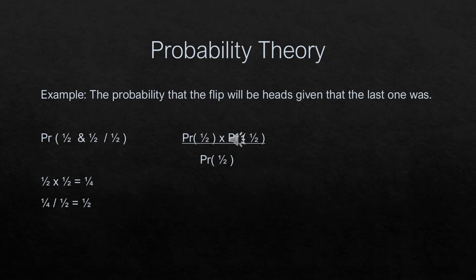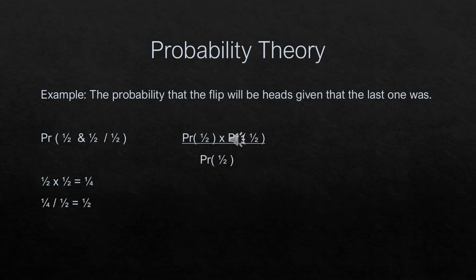Here's something else that you can do. So the probability that a coin flip is going to be heads, given that the last coin flip was heads. What we've got here is we're looking for the probability of a particular coin flip being heads, and the probability that the previous coin flip was heads. Both of those are going to be 1/2.